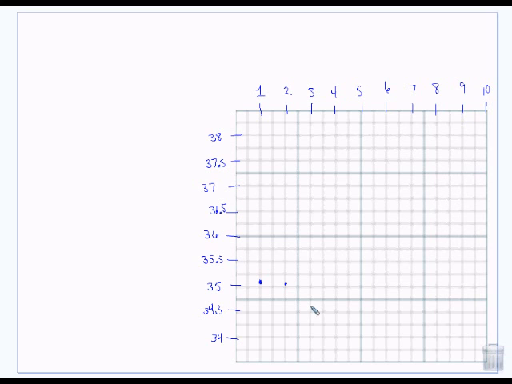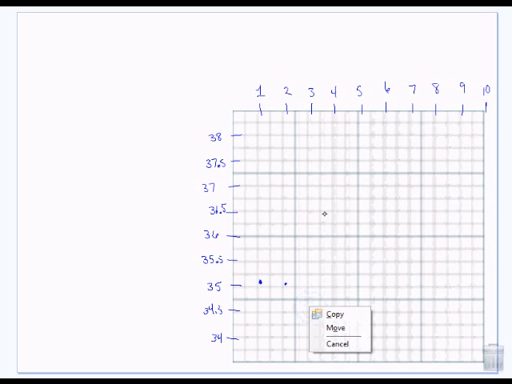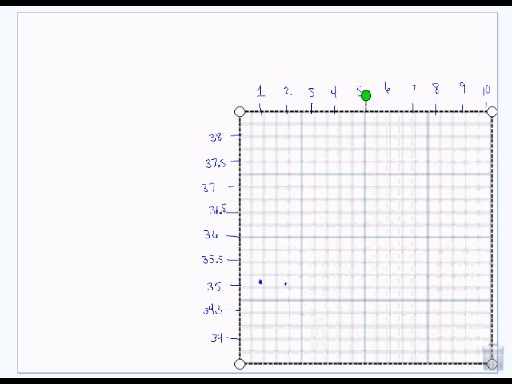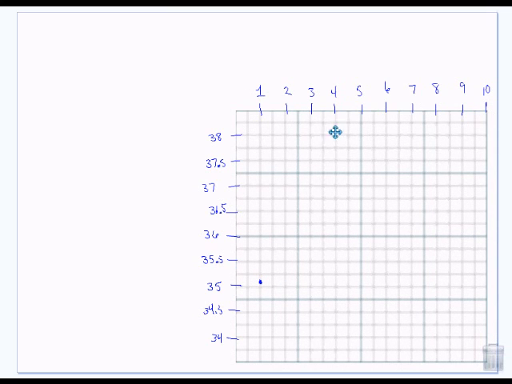Then closer to 35, 34.65, so just above 34.50.